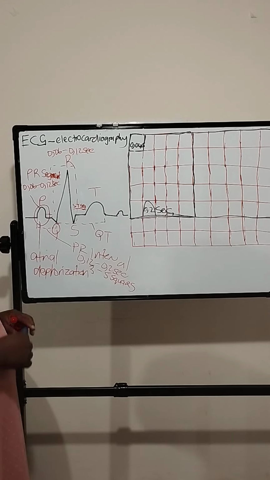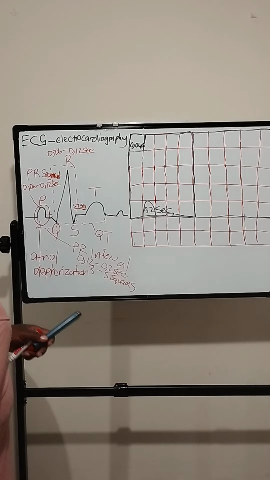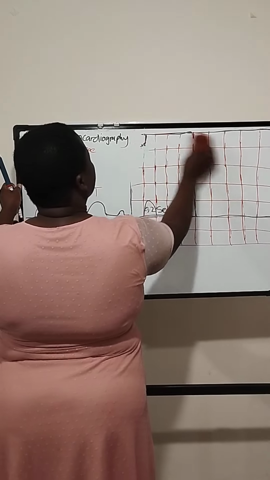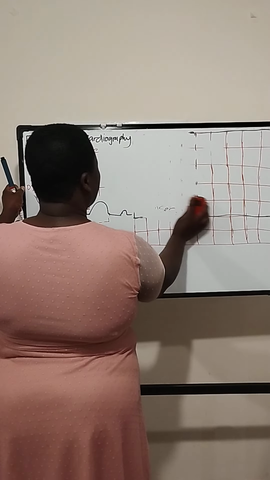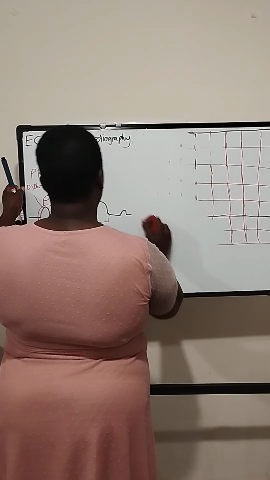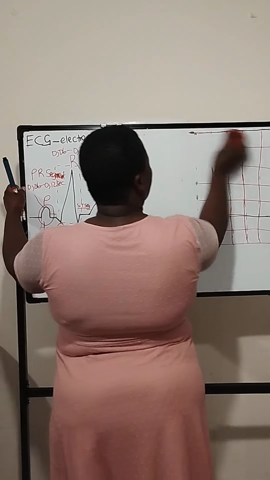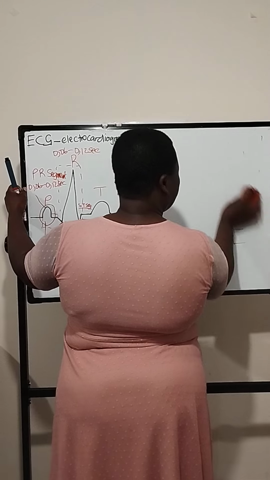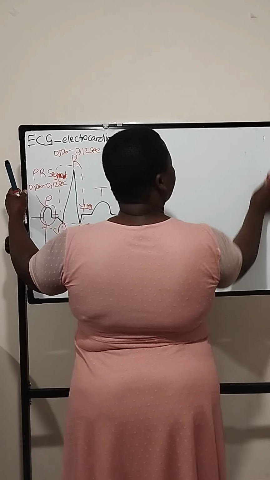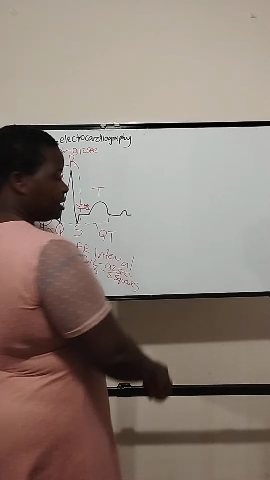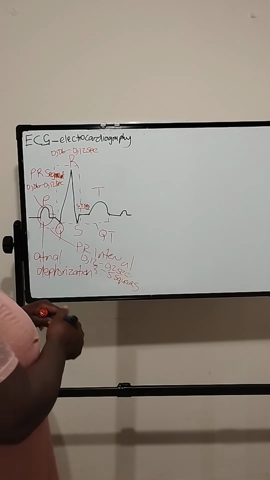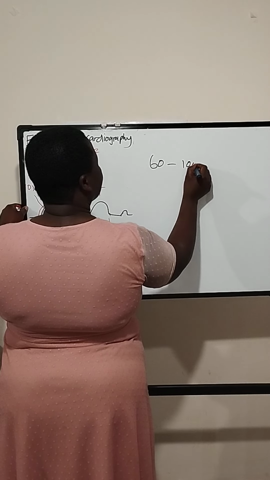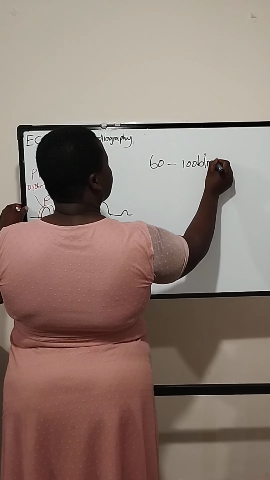And also the heart rate for a normal ECG, which begins from the sinoatrial node and is propagated to the AV node through the bundle of His to the Purkinje fibers, under normal circumstances produces a heart rate between 60 to 100 beats per minute.